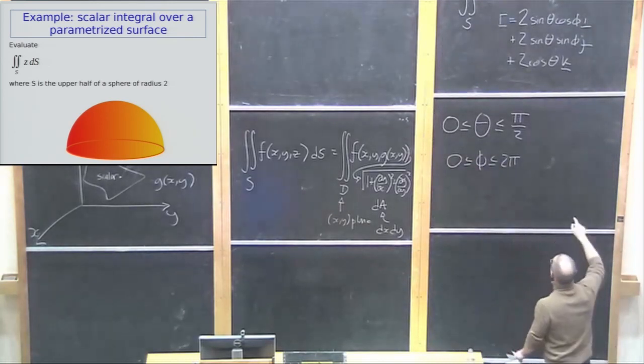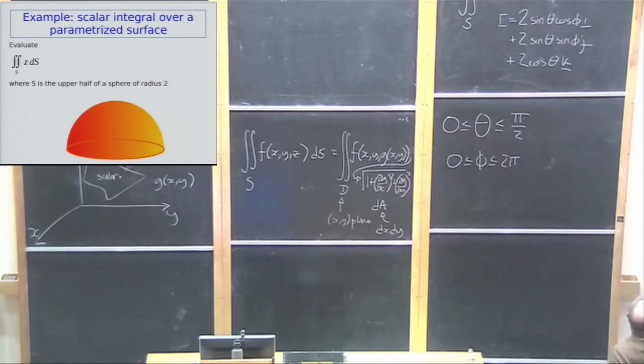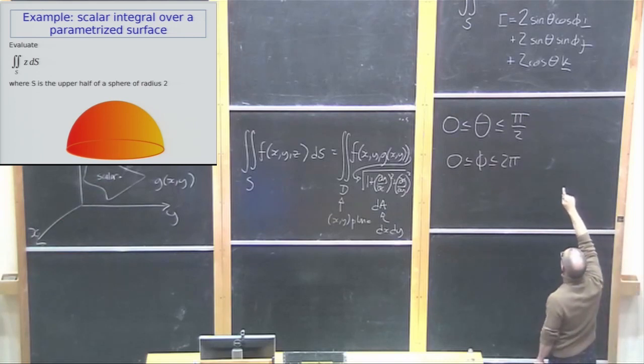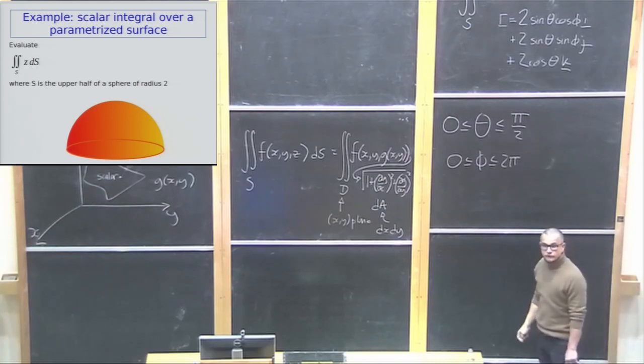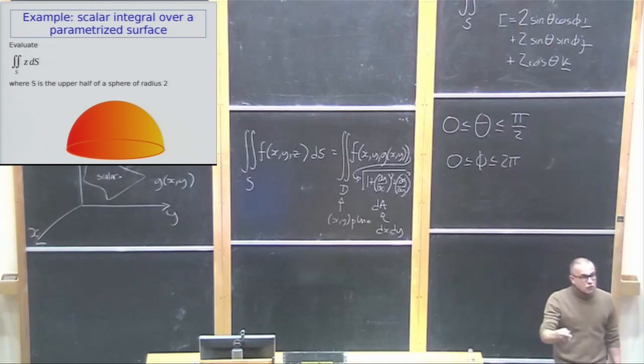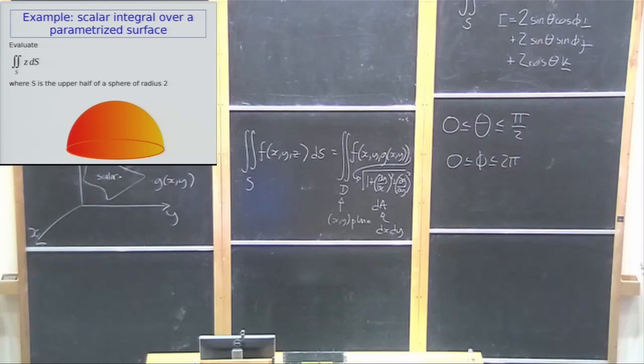Well, in this case, we need to work out then, for our projection factor, the derivatives of r with respect to our two variables. So you'll recall that when I was laying out the general formula for these things, I said we would take the cross product of r as a function of u and v.